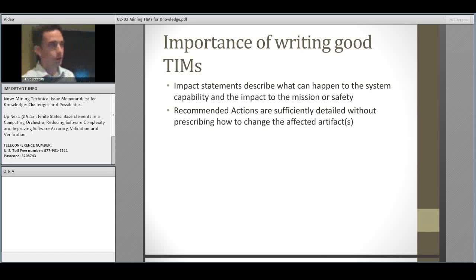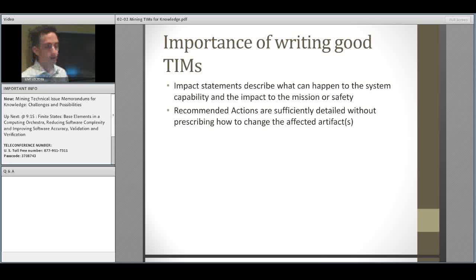One thing I wanted to point out is that I believe it is promising for us to be able to mine TIMs in ways that we're not currently mining them for. But what I've found is it is even more important for us to maintain good writing practices for these TIMs.